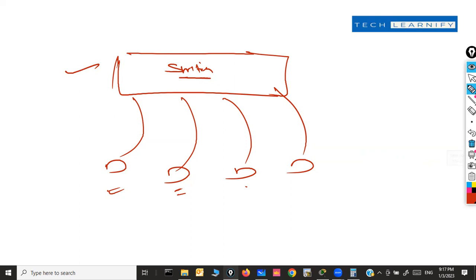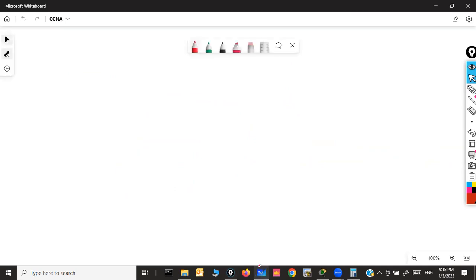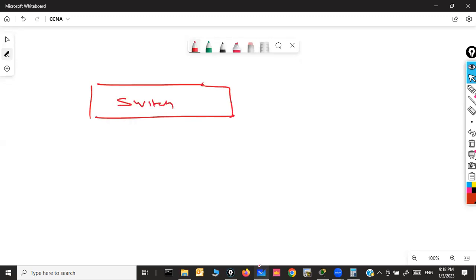But before I jump to routing, another important point I must mention. At the first place, we are doing network segmentation. Let's say here is location A, maybe the US East region, with a network switch and computers: one computer, two, three, four.